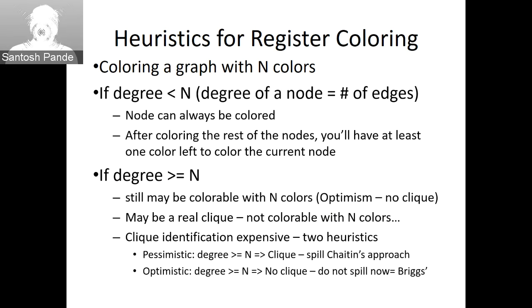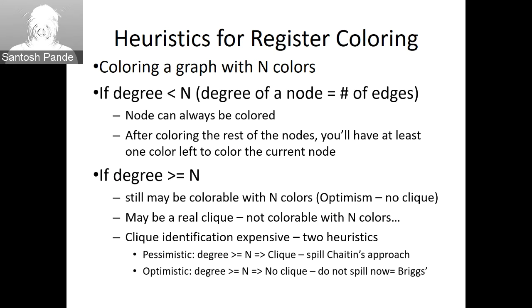But after removing each of these nodes which have degree less than n, what if we are left with degrees greater than or equal to n? Then we are at a dilemma. One possibility is this: it may still be that we are able to color them with n colors. Why? Because consider again all my neighbors.